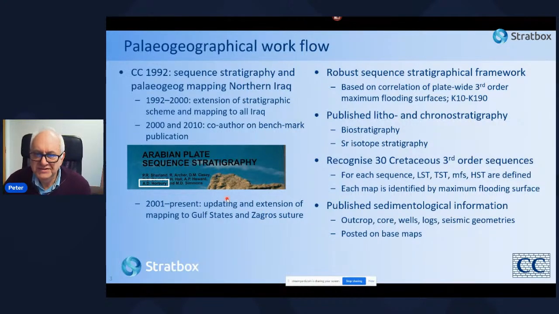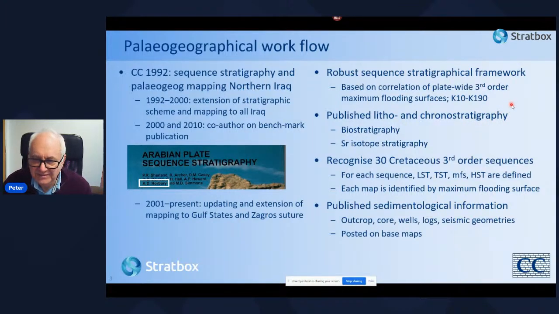The way these maps are produced, they are based on a robust sequence stratigraphic framework based on the correlation of plate-wide third-order maximum flooding surfaces, labelled K10 to K190 for the Cretaceous interval. Now, we have extended this work, and we recognise many more maximum flooding surfaces and third-order sequences than originally presented in the Arabian Plate stratigraphy book.